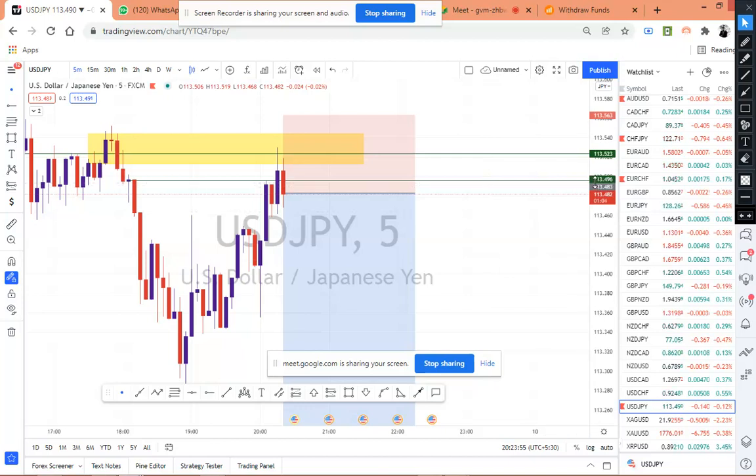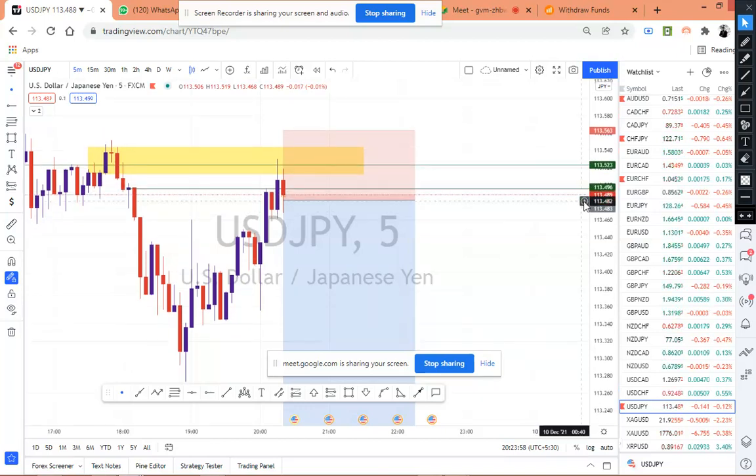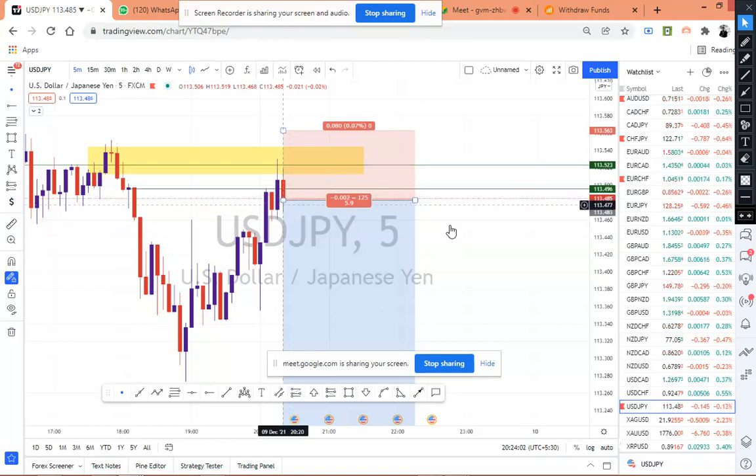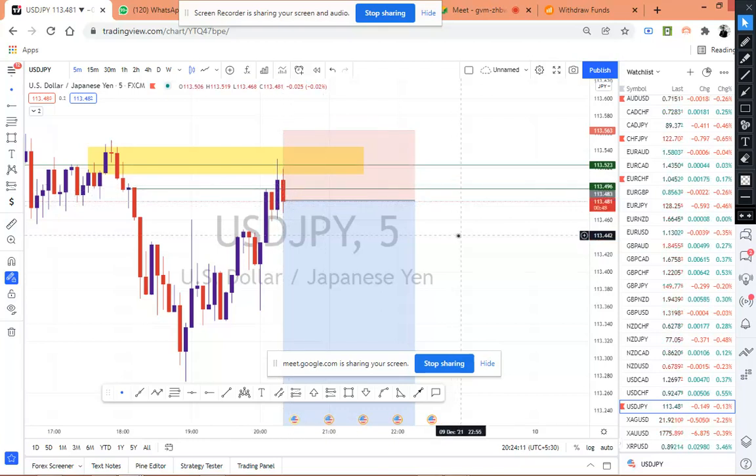One minute more. So I want the candle to close before entering the trade. If you entered here, the candle might just close here. You can see the gap for you to miss the trade.